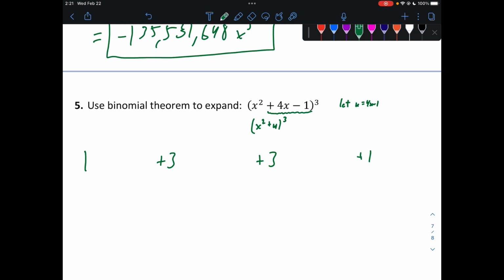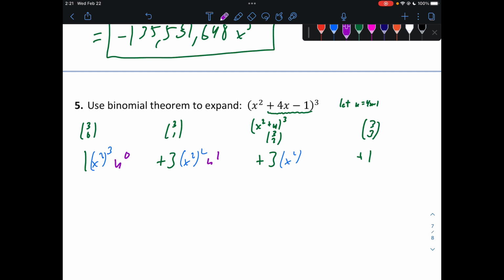But I know that 3 choose 0 is 1, 3 choose 1 is 3, 3 choose 2 is 3, and 3 choose 3 is 1. So I already have that down. All right, and then I have x squared to the third, x squared to the second, x squared to the first, and x squared to the 0. And then I have u to the 0, u to the first, u to the second, u to the third.